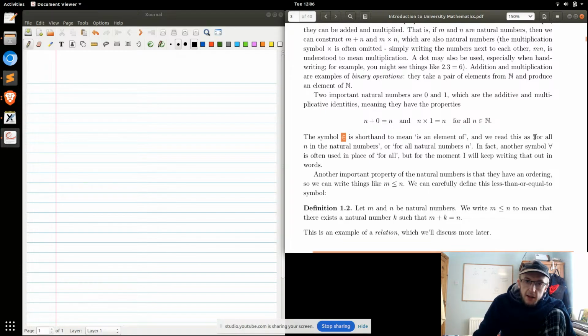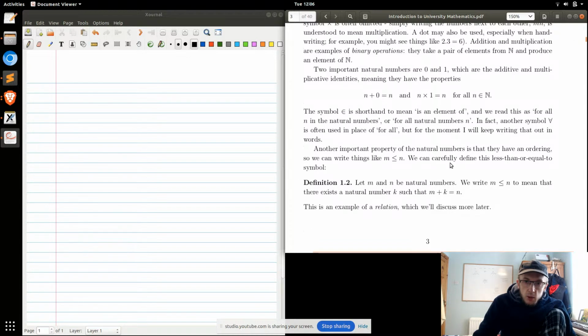And we read this as for all n in the natural numbers, or for all natural numbers n. In fact, another symbol, for all, which is like an upside down A, is often used in place of for all. But for the moment, I will keep writing that out in words.